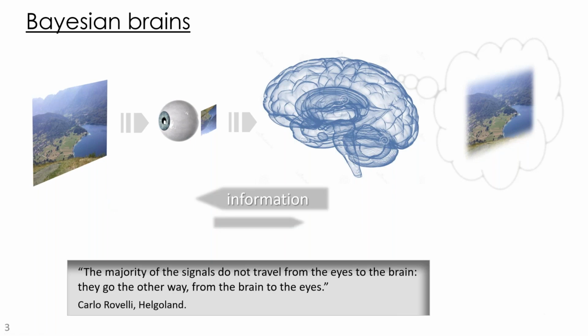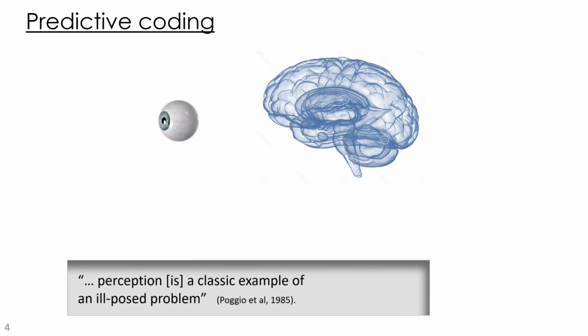There's actually more information going from your brain to your eyes than the other way around. So what's going on here? Visual perception is now viewed as a classic example of an ill-posed problem, which essentially means there's not enough information in the data to solve the problem.